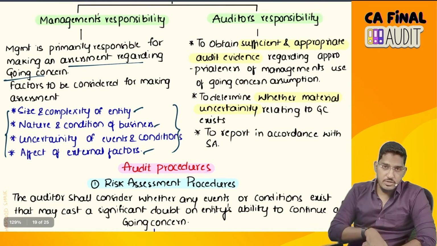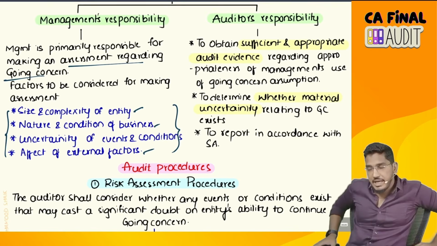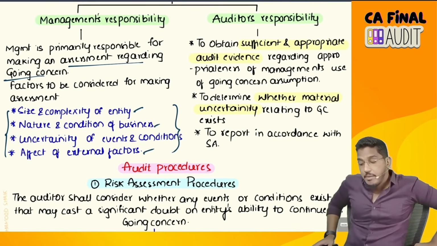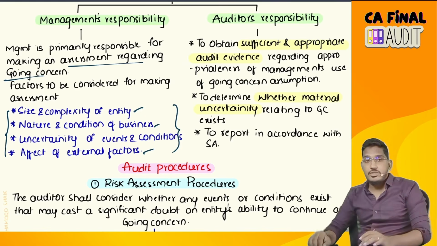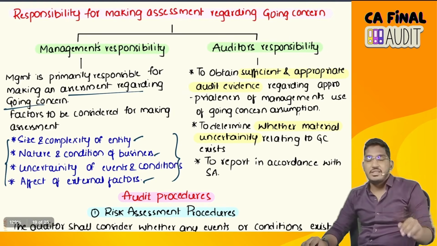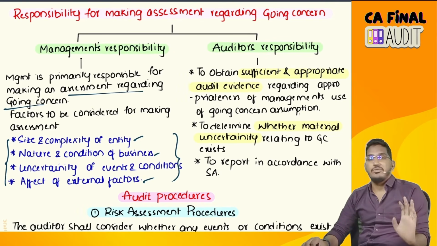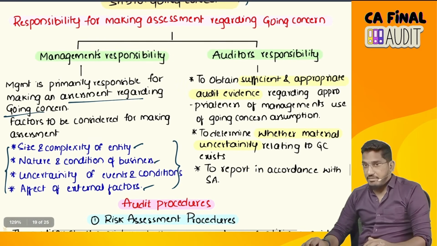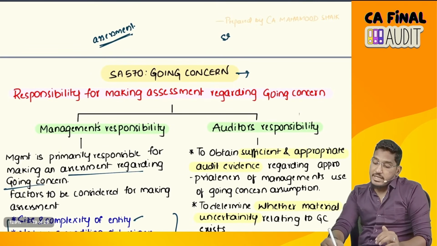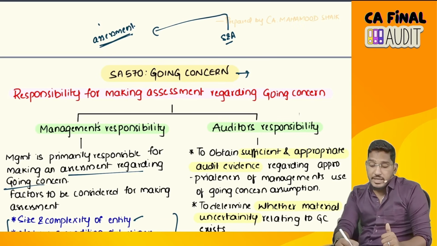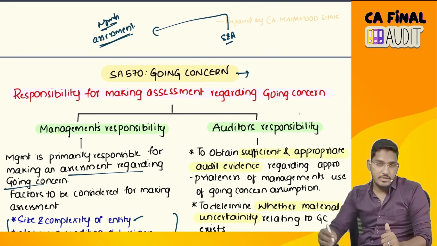Okay, management will make an assessment regarding going concern. Then what is the auditor's responsibility? In order to know the auditor's responsibility, we have to read the objectives paragraph of SA 570. SA 570 says that the responsibility of the auditor is to obtain sufficient and appropriate evidence regarding the appropriateness of management's assessment.